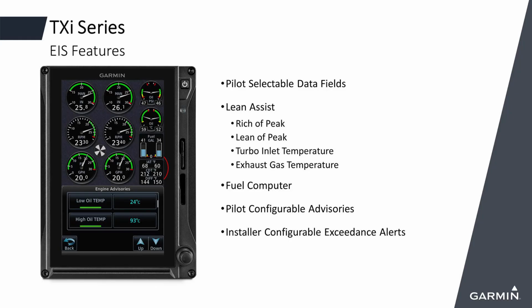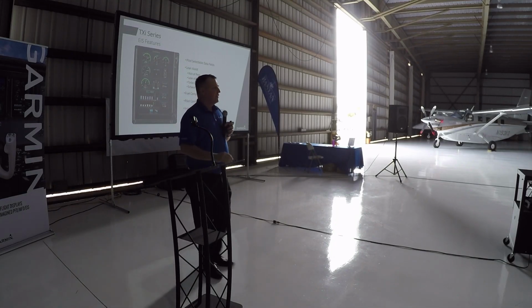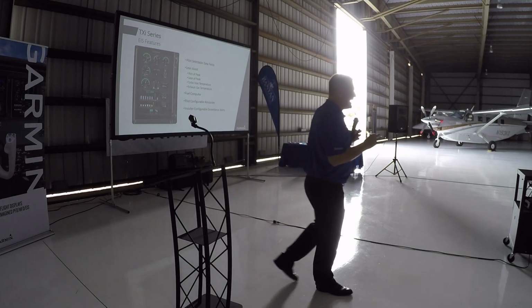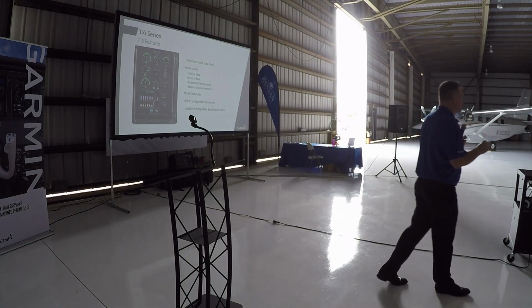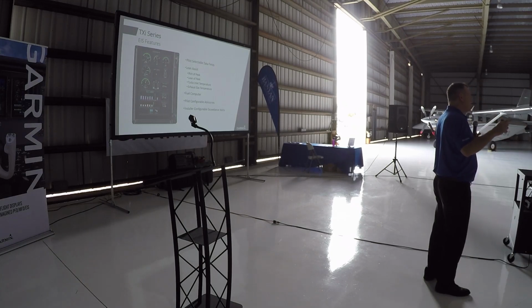So the EIS, you have rich of peak, lean of peak, turbine inlet temperature, exhaust gas temperature, fuel computer, pilot configurable advisories. So this is a touchscreen EIS, touchscreen engine instrument system. So the pilot can, just like on the GTN or the other TXi features, select what you see on your EIS.